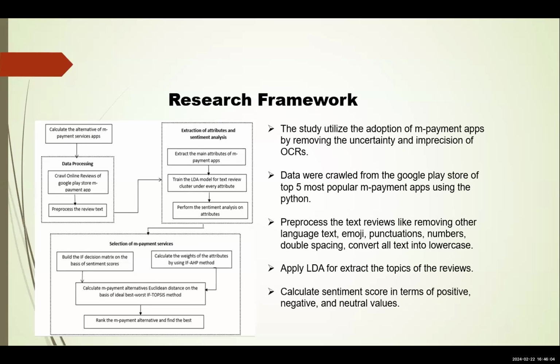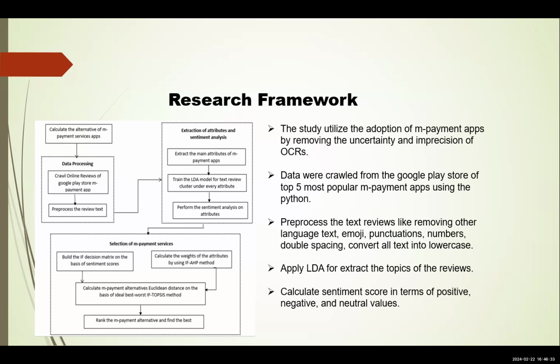Then we apply LDA, a topic modeling technique, for calculating the topics for the sentiment analysis. Here in this paper, I have calculated 8 attributes, and after that we apply the sentiment analysis score, which is divided into three parts: first, positive score, negative score, and third, the neutral score.